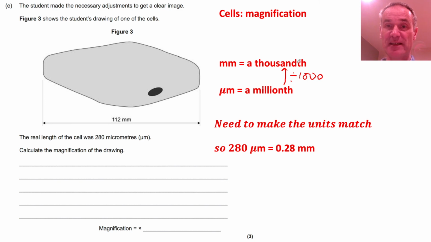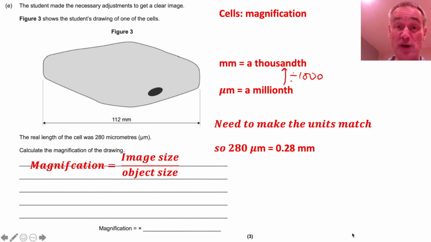So I've converted the micro: 280 divided by 1,000 is 0.28 millimeters. And finally, I can use the equation magnification is image size over object size, which is 112 divided by 0.28, which gives me 400. The units now match.